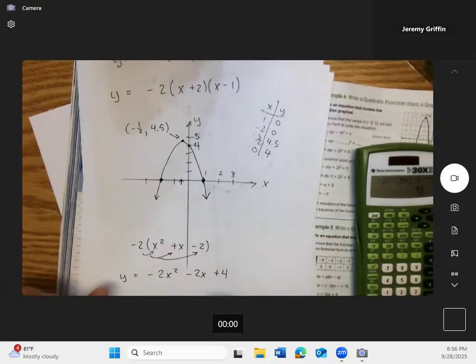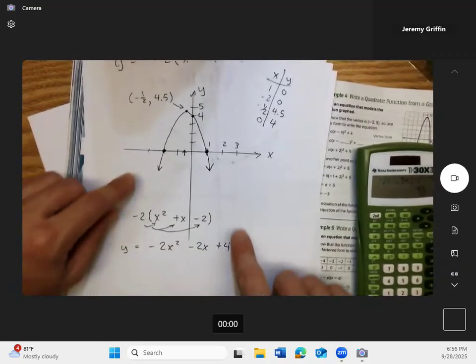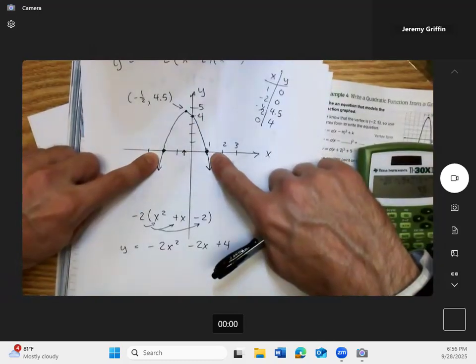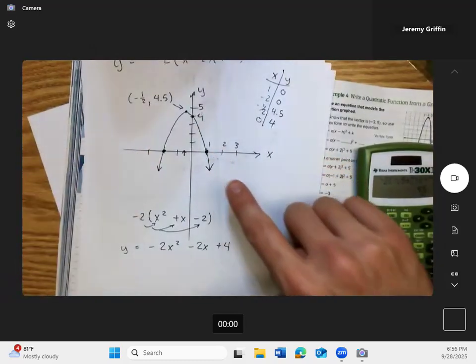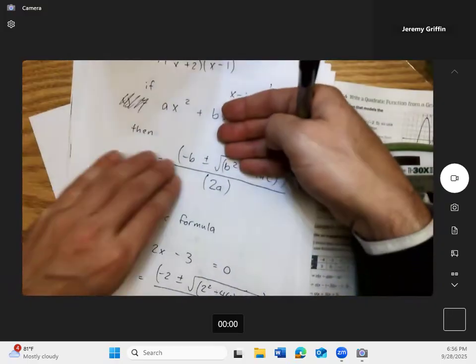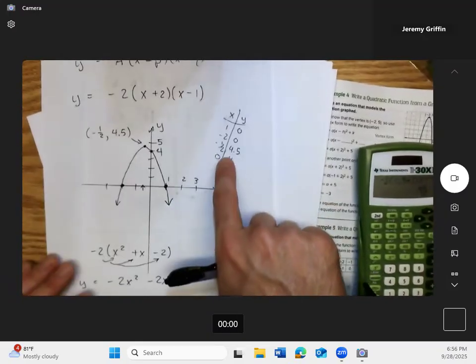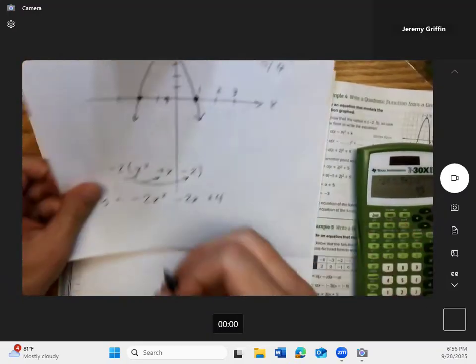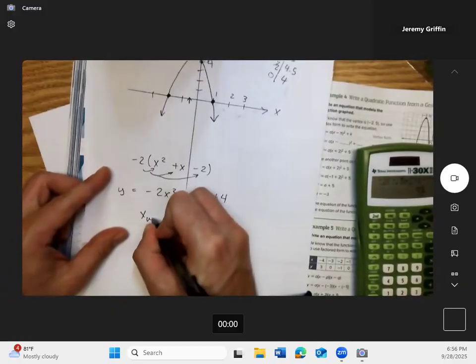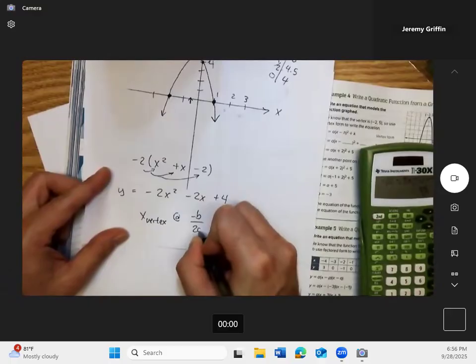Now, if I were to set this equal to 0 to get the x-intercepts, which would be here and here, there is a part of the quadratic formula, that negative b over 2a bit, that would tell me exactly where the vertex would be. And it should be at negative 1/2, because that's what I figured out before. Actually, I'll just jump straight to that. The x vertex would be at negative b over 2a.